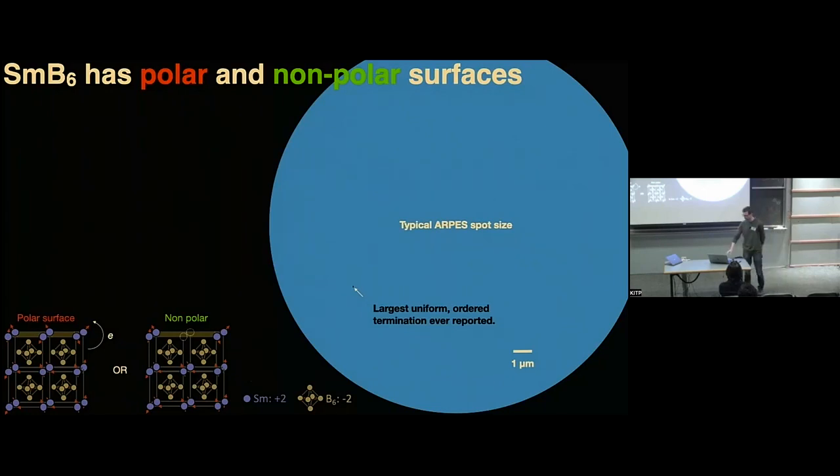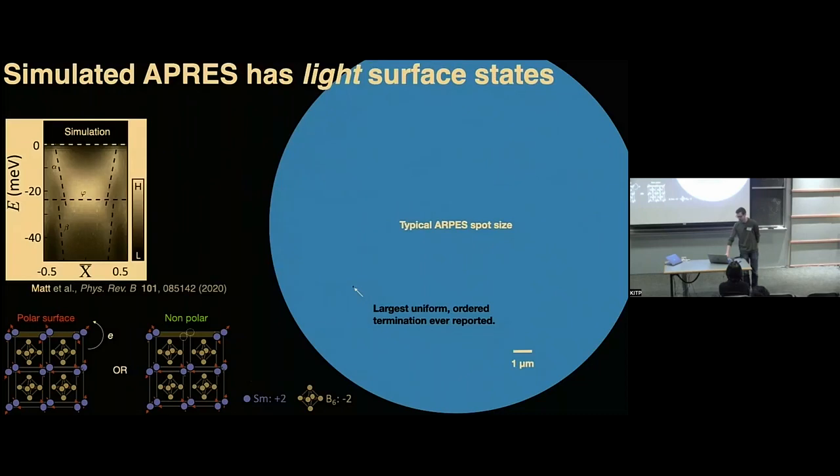So we had a postdoc in our lab, Christian Matt, who took some of those early photoemission experiments. And together we built a simulator to try and replicate what ARPES would see based on STM results on each of these terminations if you just did a simple 50-50 mix.